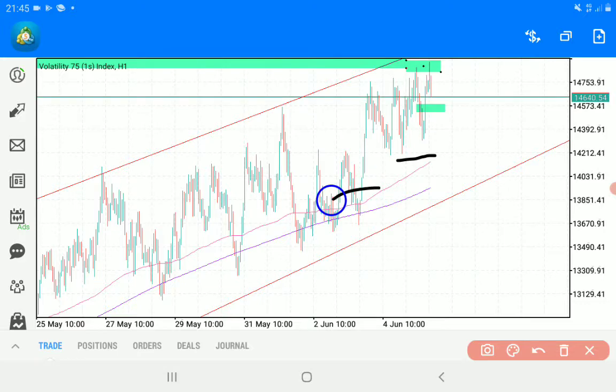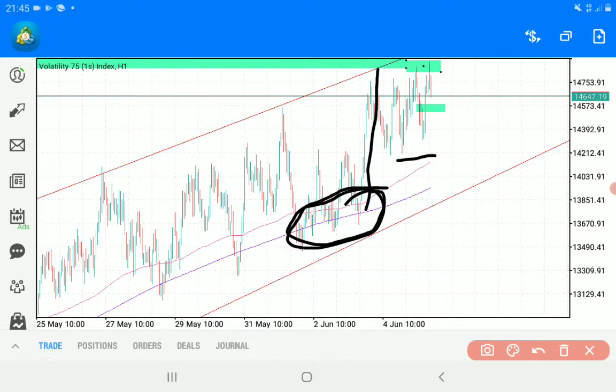Look at that. That's a pattern. It's a triple bottom. So that triple bottom tells you that, okay, I am going to buy.